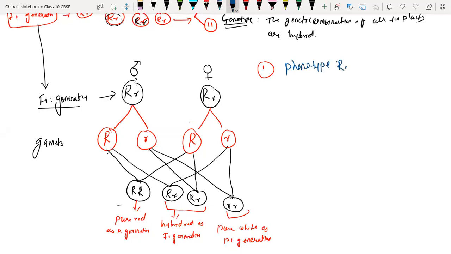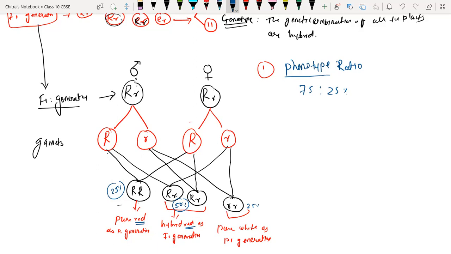Phenotype ratio. See, phenotype means the physical contrasting character. So this is red and these are again red. From all these four, if I write in percentage form, that is 25%, this will be 50%, and it is 25% again. So that 25% and 50% will be 75%. So the phenotypic ratio will be 75% red and 25% white.